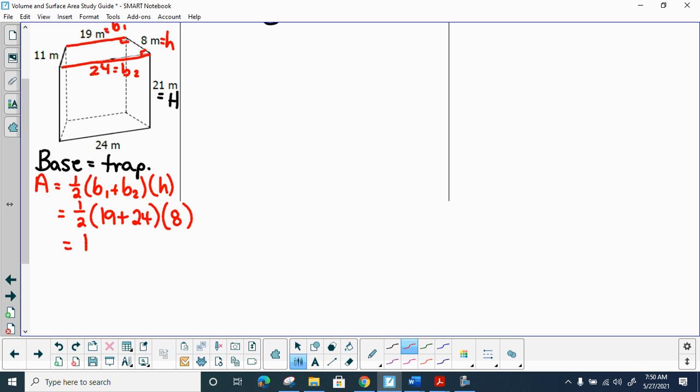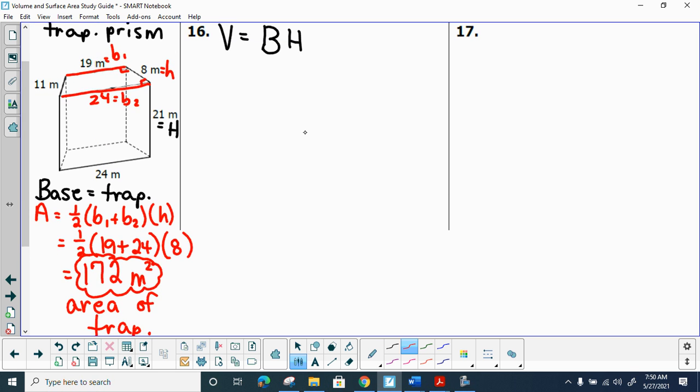I believe that comes out to 172 square meters. So that's the area of one of the trapezoids, and which is the big B base of our prism.